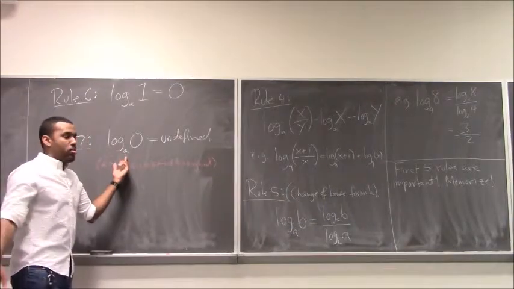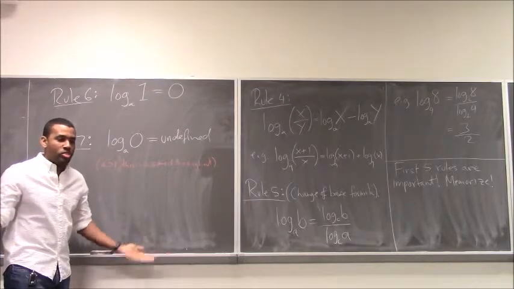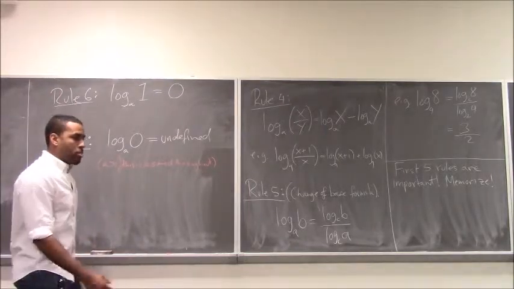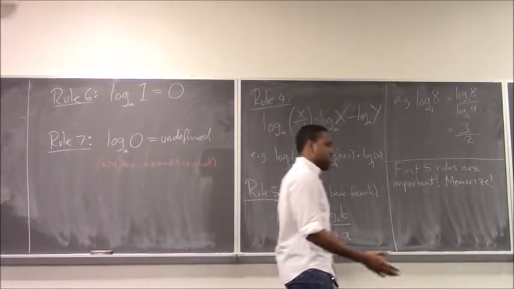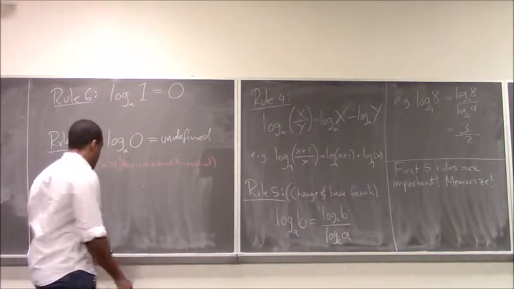Why? Because let's say I gave you 2. What power can you raise 2 to in order to get 0? There's nothing you can raise 2 to to get 0. If you have a positive number, there is no power in existence that you can raise it to to get a 0. So that's why log of 0 is undefined.